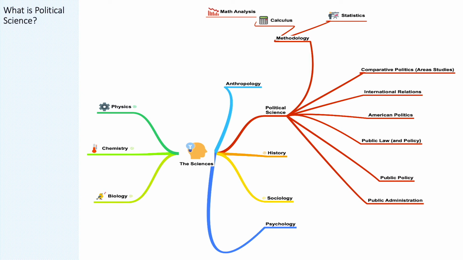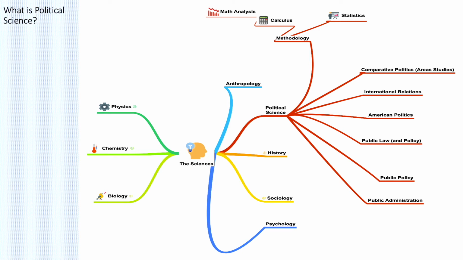So about 2 years of training in statistics and 2 years of training in calculus would be the minimum necessary to probably begin to understand the articles that are written in the flagship political science journal called American Political Science Review. And sometimes even graduate training in mathematics and in fields like linear algebra and abstract algebra might be necessary to understand some of those articles.